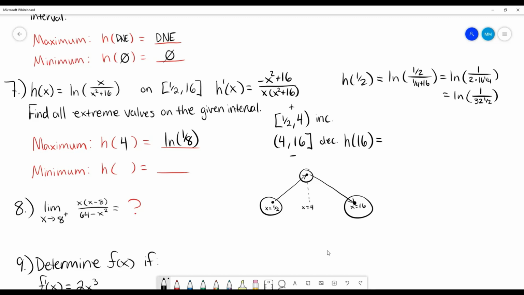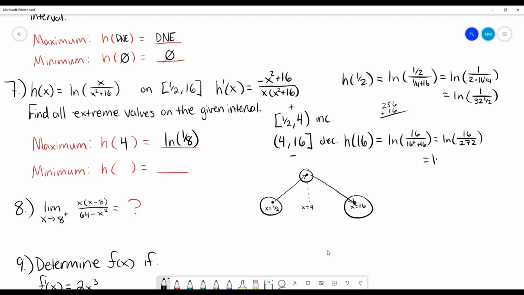Let's try h of 16. It's going to be natural log of 16 over whatever unholy number 16 squared is. Oh, it's not actually that big. That's 256, isn't it? Plus 16, which gets 256 plus 16, 272, I think. So natural log of 16 divided by 272.